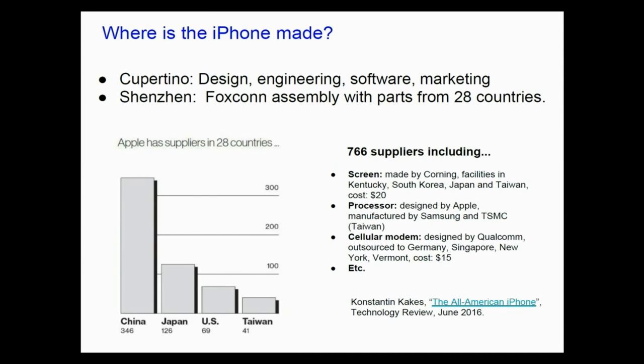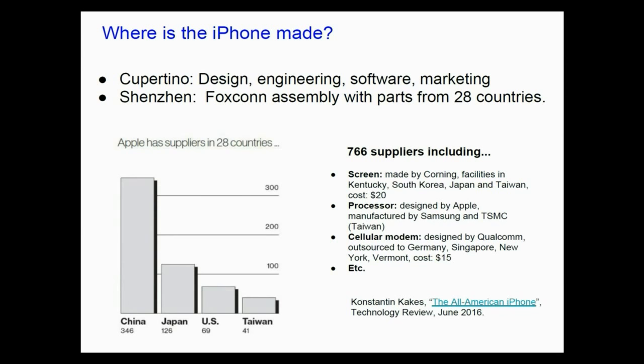So you have this issue of the screen, the processor, the cellular modem. It doesn't make any difference where it's made. It's an identical product, but if it's fabbed in one place and not another, then it's going to show up in international GDP accounts at least differently.